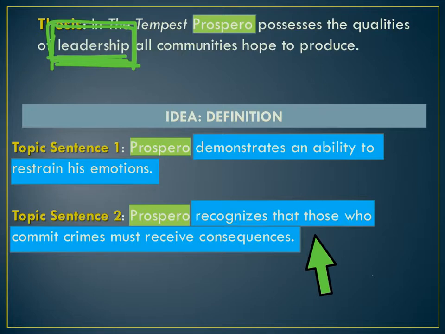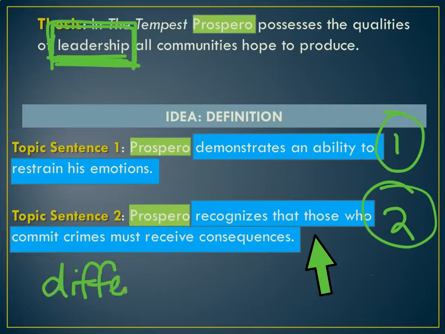And so the first definition of leadership is an ability to restrain emotion. And then the second definition of leadership is recognizing that those who commit crimes must receive consequences. So they have really two, and again, very different, very distinct definitions in each of these topic sentences.